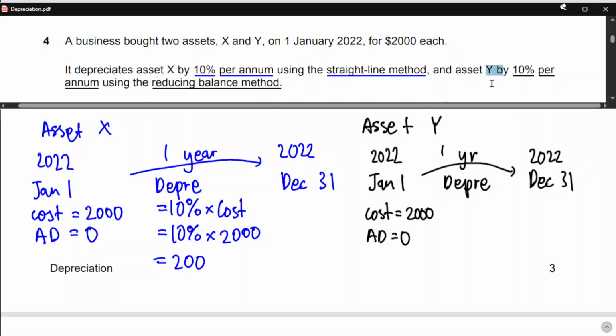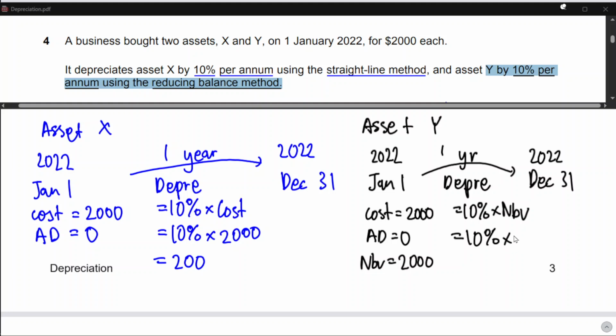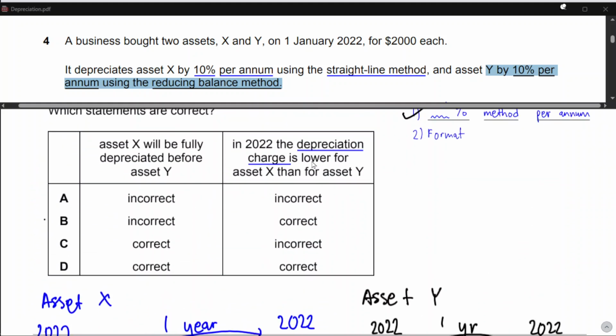I say Y is 10% reducing balance, 10% times net book value, okay, net book value equal to cost minus AD. So you'll get 200. So both are the same, 200 and 200. So the depreciation charge is same. So this one is incorrect and incorrect.